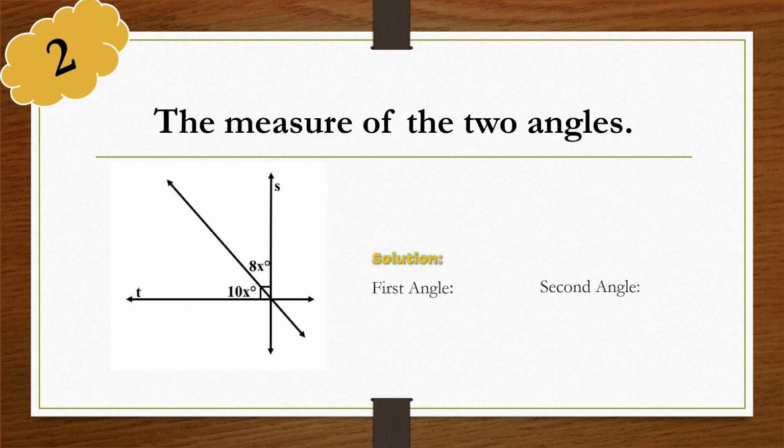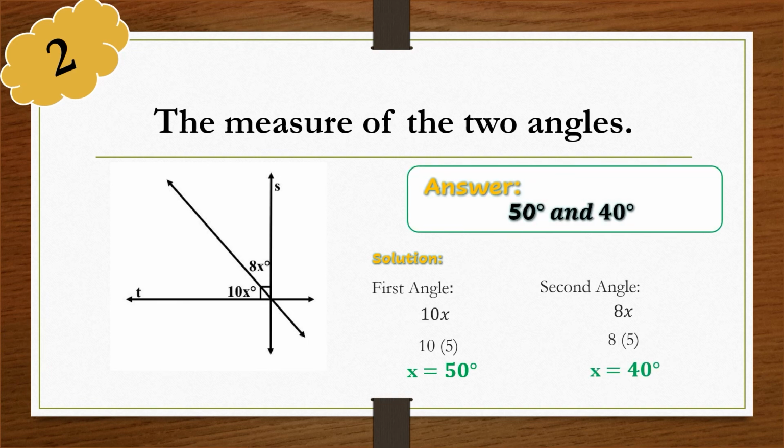For the first angle, we have 10x. 10 times 5 is 50 degrees. And for the second angle, we have 8x. So 8 times 5 is 40 degrees. Therefore, the two angles are 50 degrees and 40 degrees.